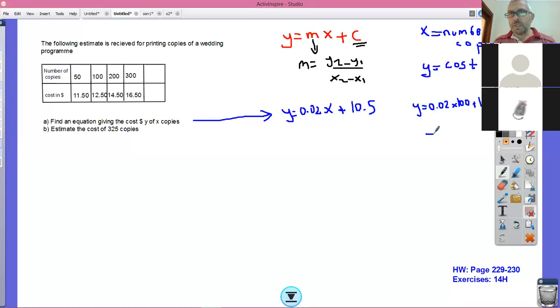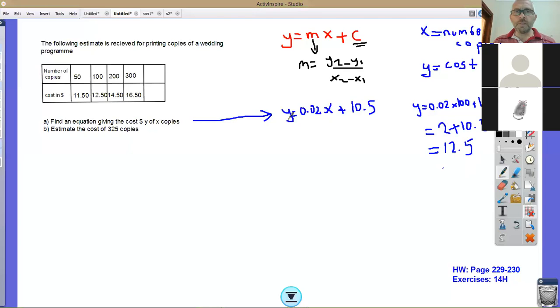Let's check. 0.02 multiplied by 100 is, sorry, it's 2. 2 plus 10.5 is 12.5.